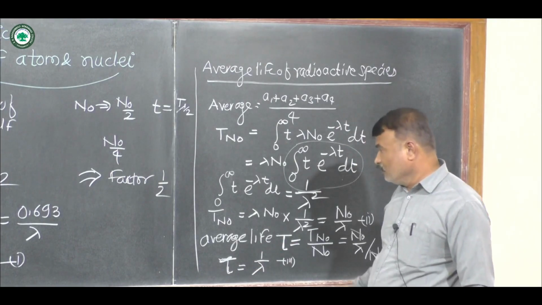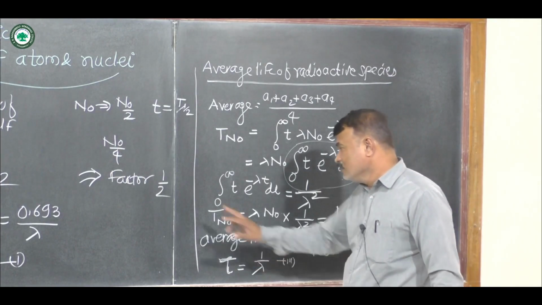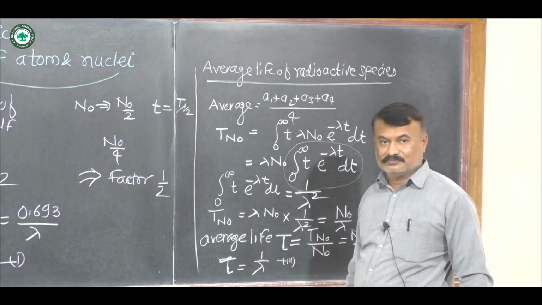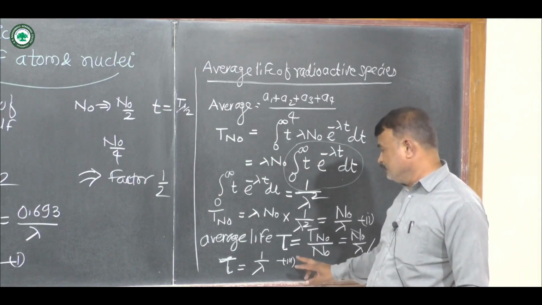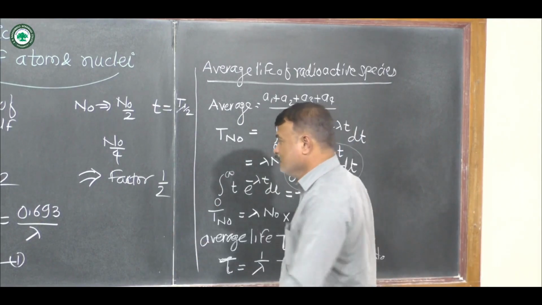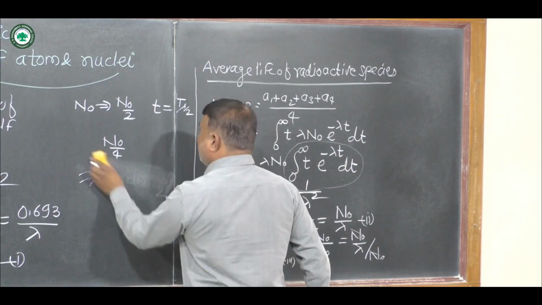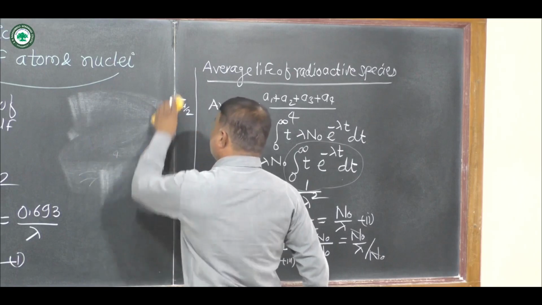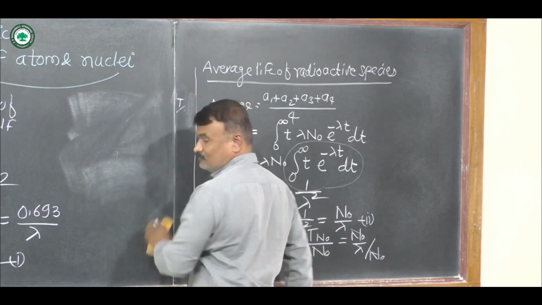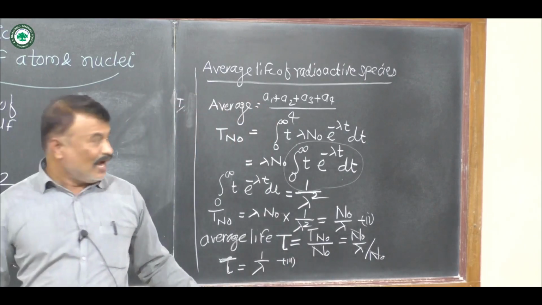Now we have to substitute equation 3 in equation 1. By this we get the relation between half life and average life. So in this way we find the average life.